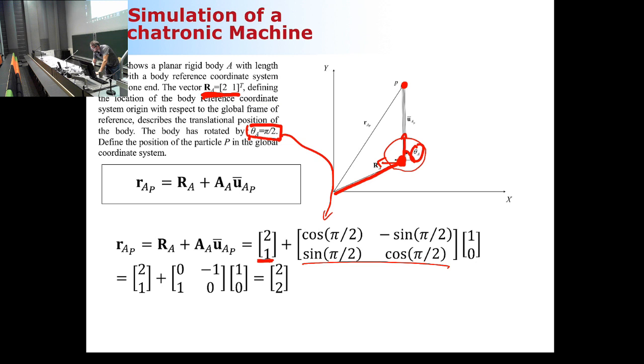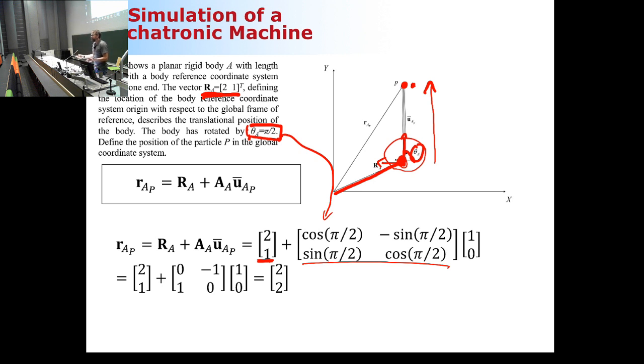So you are here, and you need to travel there. How can you make it happen? You have to start walking along the body reference x-coordinate axis, correct? How far do you need to walk? Until the end of the beam. How do you know the length of the beam? Well, it's mentioned here, so it's 1. So you walk along the x-axis, because the x-axis is the one that is pointing upwards.